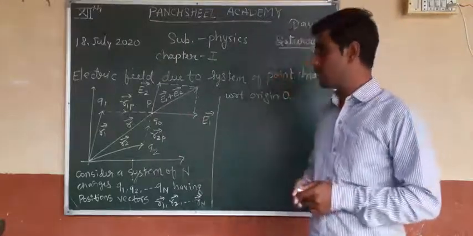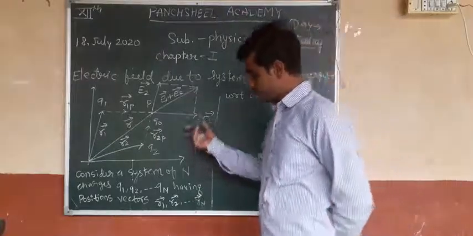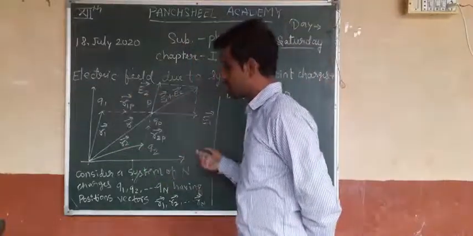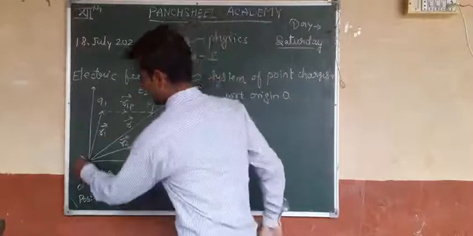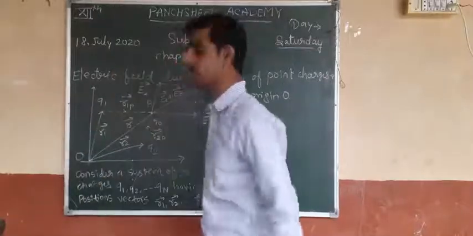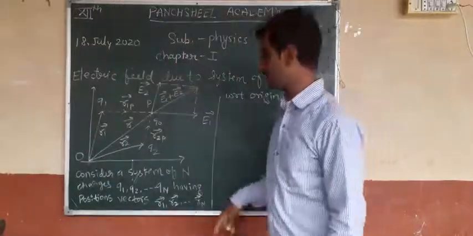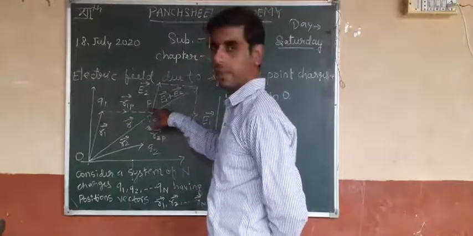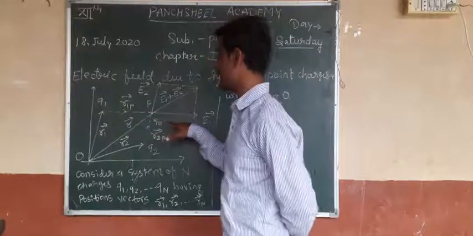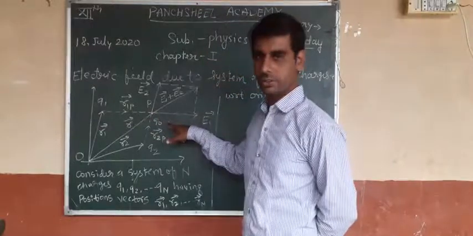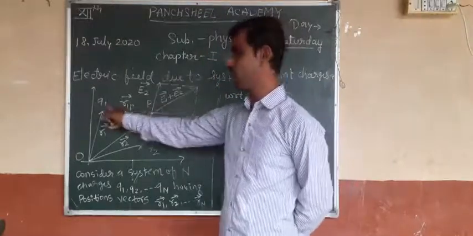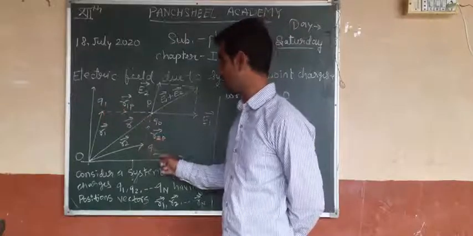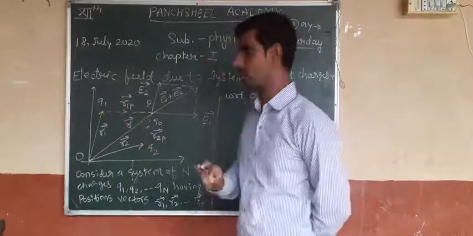Suppose this is the system of charges and this is the origin. Here at point P, Q naught is the test charge, Q1 is another charge and Q2 is also another charge.